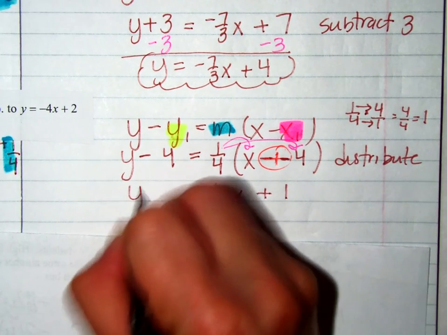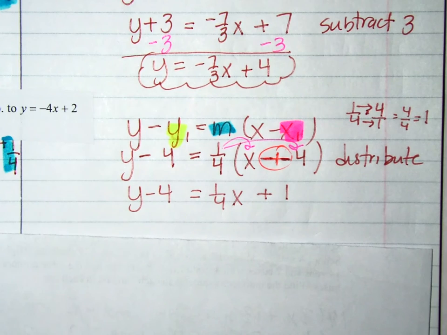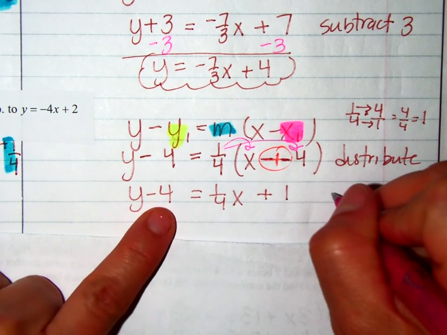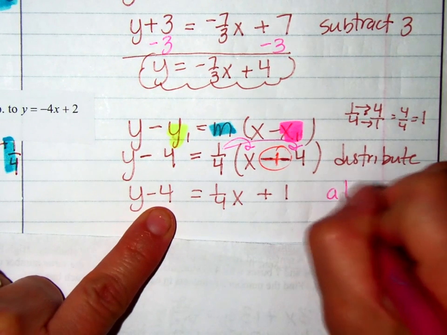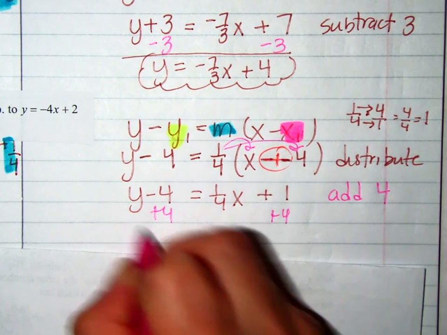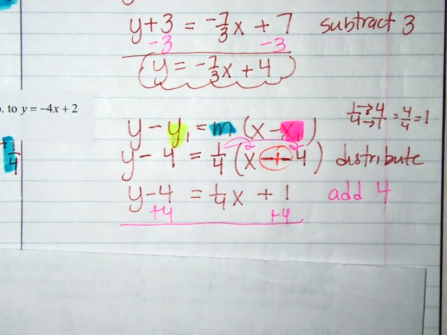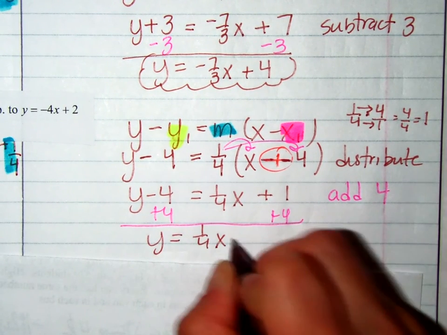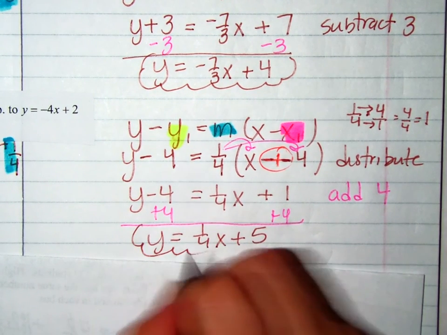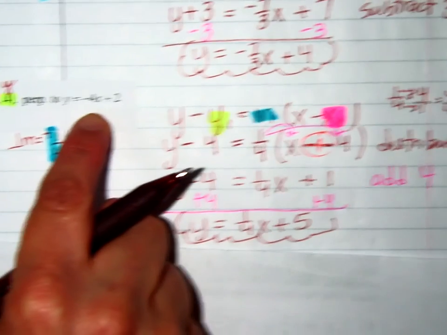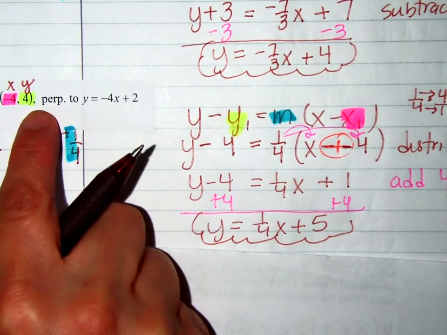So I'm left with y minus 4. Now we want to solve for y, which means we need to do the opposite of subtract 4, which is to add 4. Leaving me with y is equal to 1/4 x plus 5. This line is perpendicular to my original line, and it is passing through the point negative 4, 4.